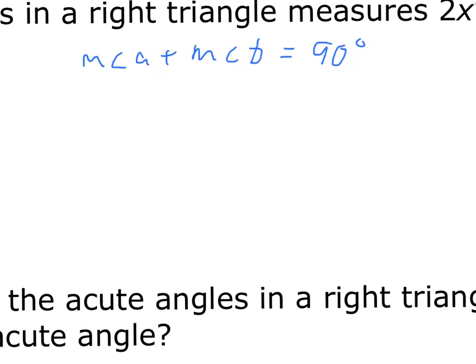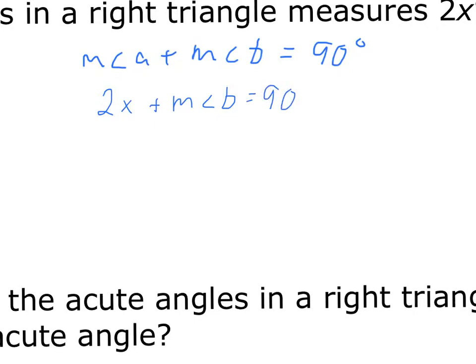So we knew that either measure angle A or measure angle B equals 90 degrees. It doesn't matter which. So we'll just go ahead and plug it into measure angle A. So we have 2x plus measure angle B equals 90.